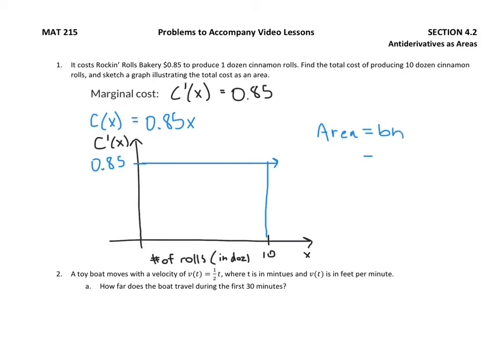Well, in this case, the base is 10, and the height of the rectangle is 0.85. So the area is going to be 8.5. And here the units are dollars. So $8.50 is the total cost of producing 10 dozen cinnamon rolls.